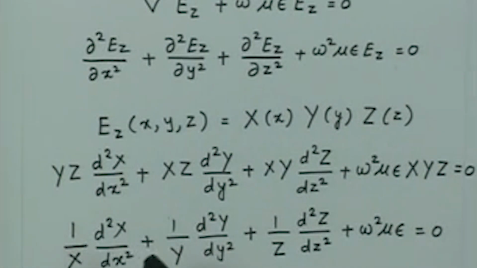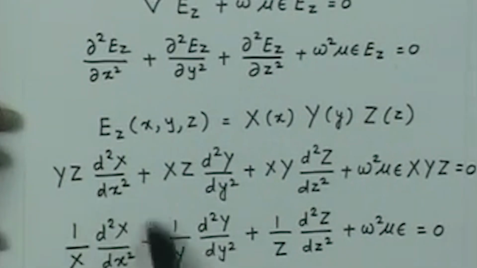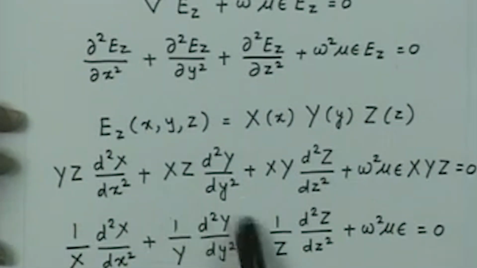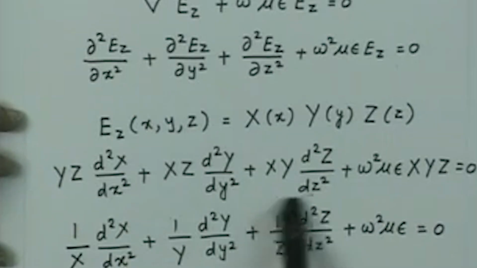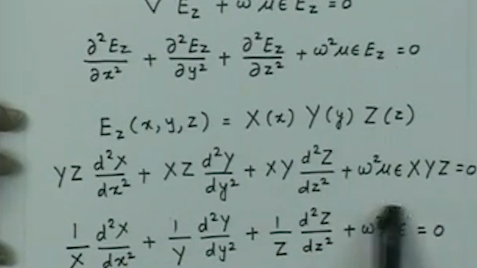Now, this quantity is only a function of x, this quantity is only a function of y, and this quantity is only a function of z, and this is constant.